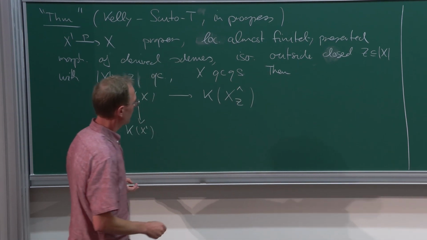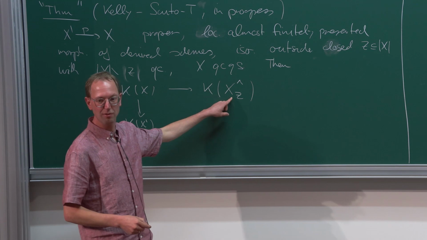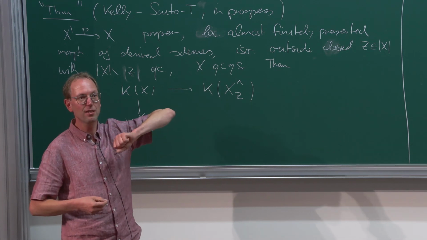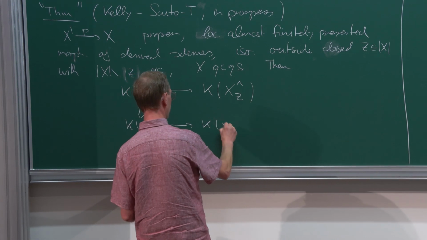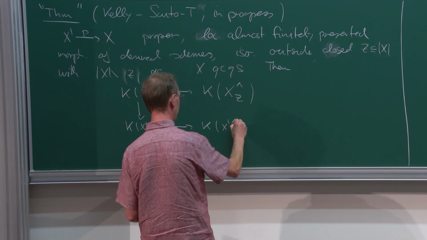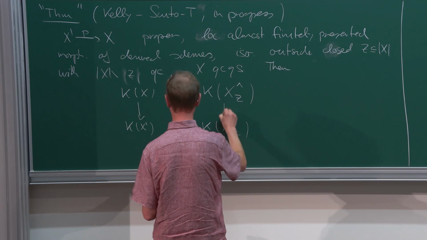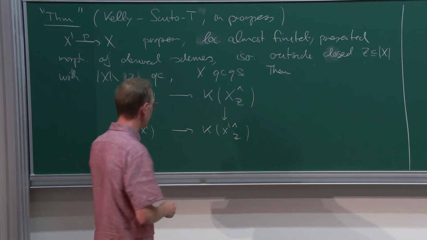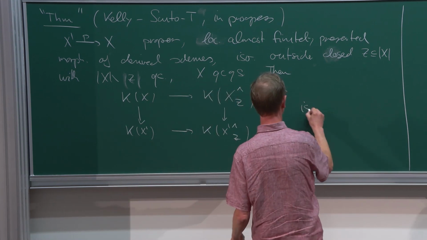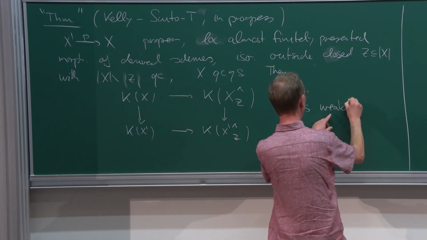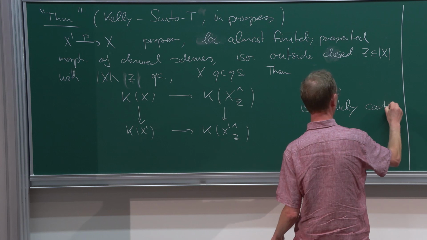So you can define something like a formal completion, which you really see as an ind-derived scheme here, and the corresponding thing here, X prime completed along Z, or the pre-image of Z, which is the same thing. This is, and here the weakly Cartesian.